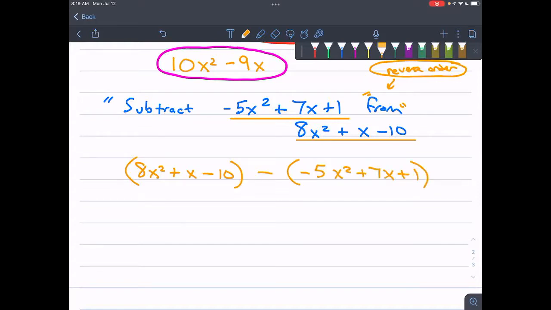The 8x squared plus x minus 10 is going to go first, and then we're subtracting the other. The polynomial that was mentioned first is being subtracted from the other one. And make sure when you're subtracting a whole polynomial that you subtract -5x squared, you subtract 7x, and you subtract 1.